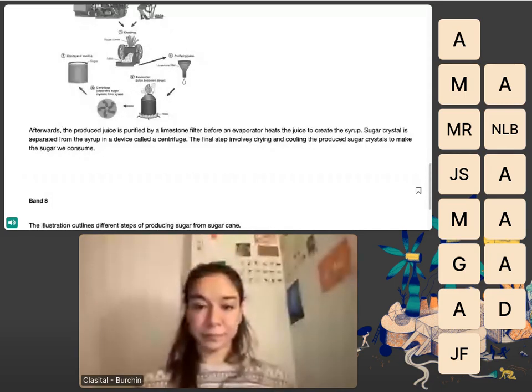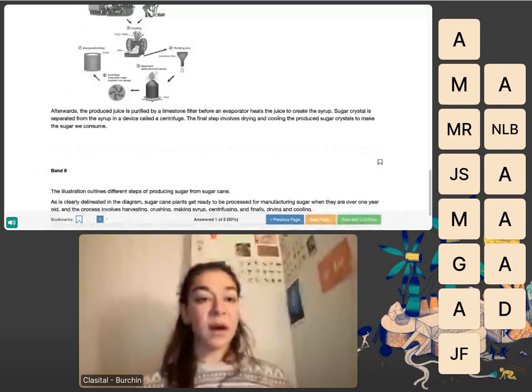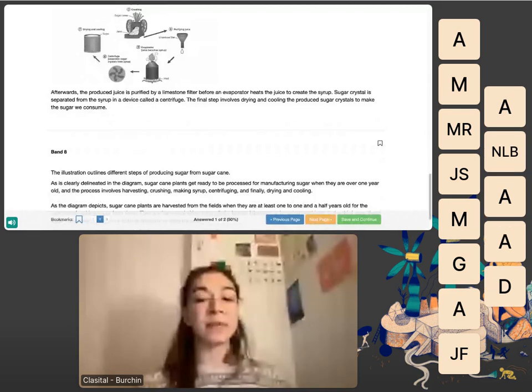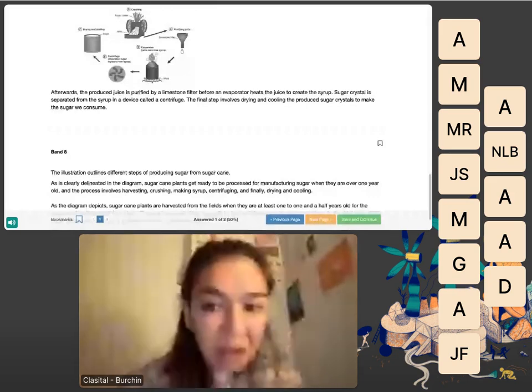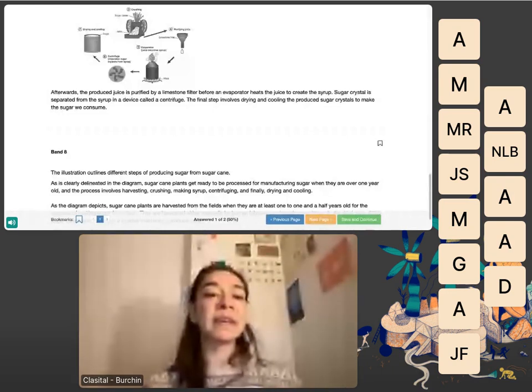Afterwards, the produced juice is purified by a limestone filter before an evaporator heats the juice to create the syrup. Actually, sugar crystals are separated from the syrup in a device called a centrifuge.